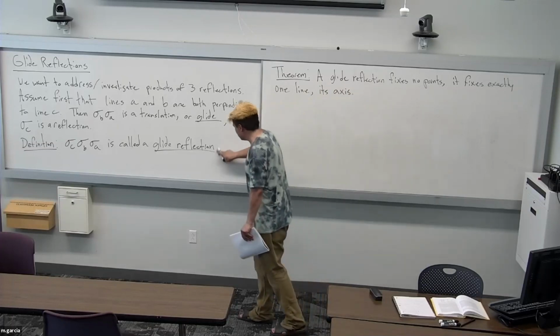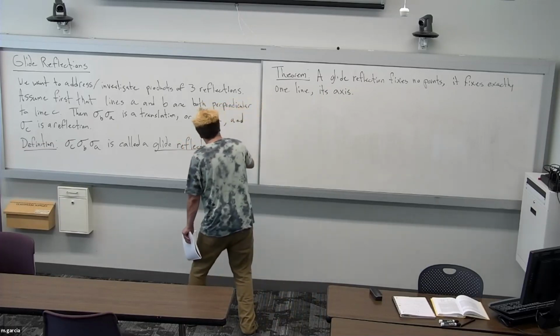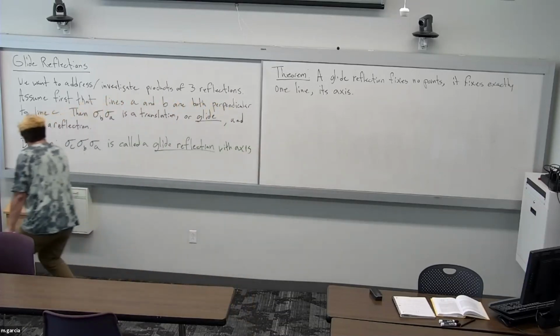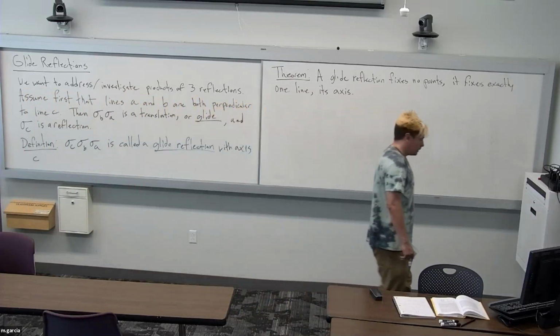Sorry, I didn't give you a full definition here. This is called a glide reflection with axis C. Okay?